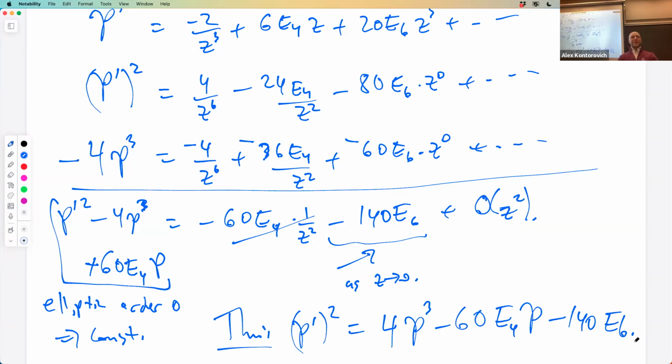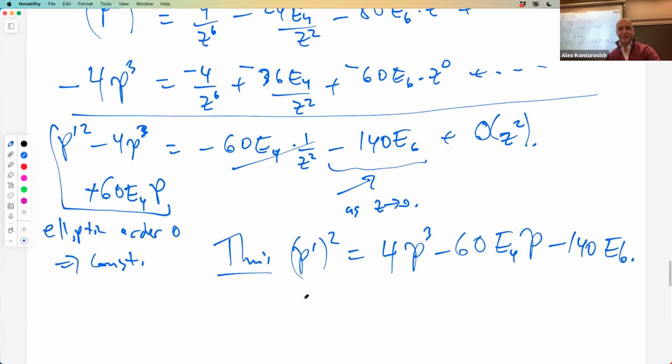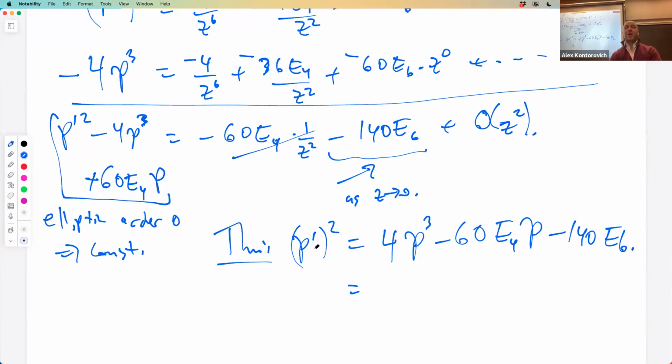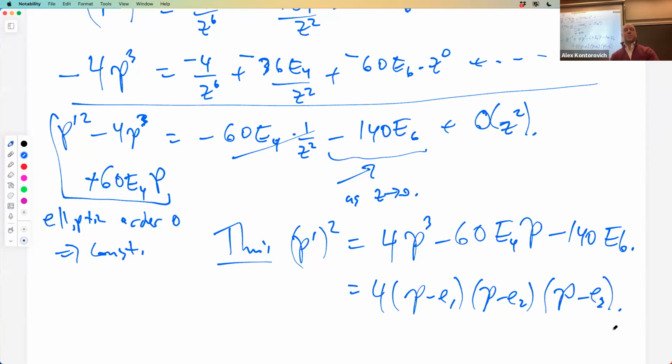We knew this theorem, but in another terminology. In fact, the other terminology was that P prime squared was exactly the cubic in terms of E1, E2, E3, which means we can express the Eisenstein series in terms of E1, E2, E3.